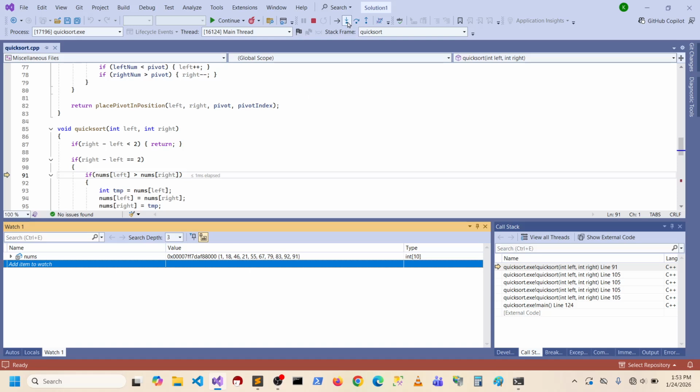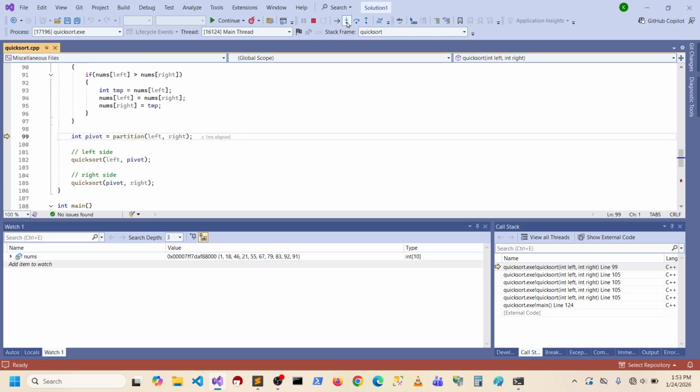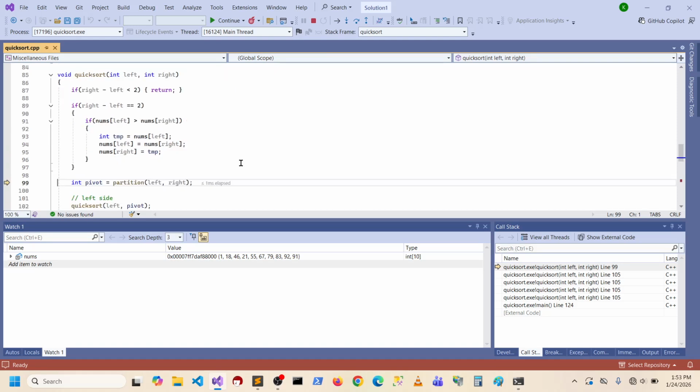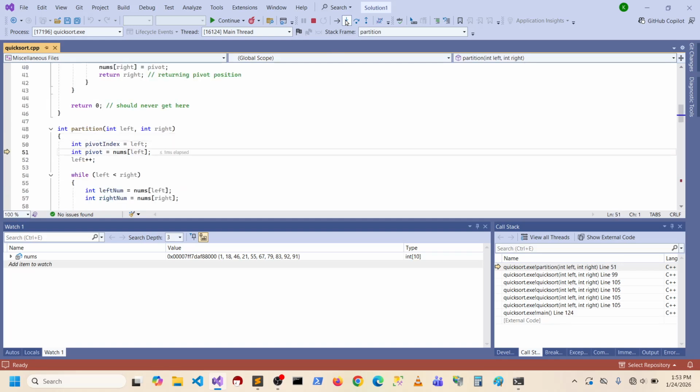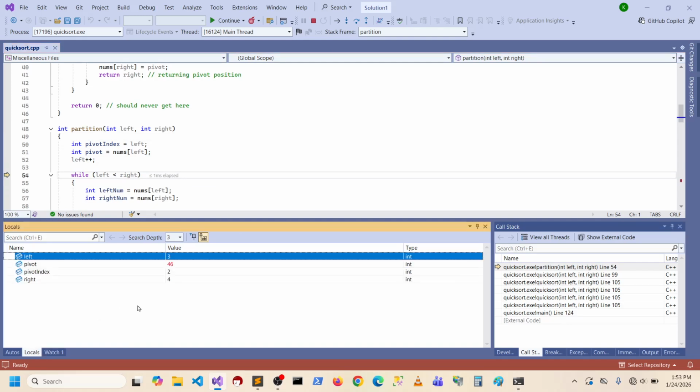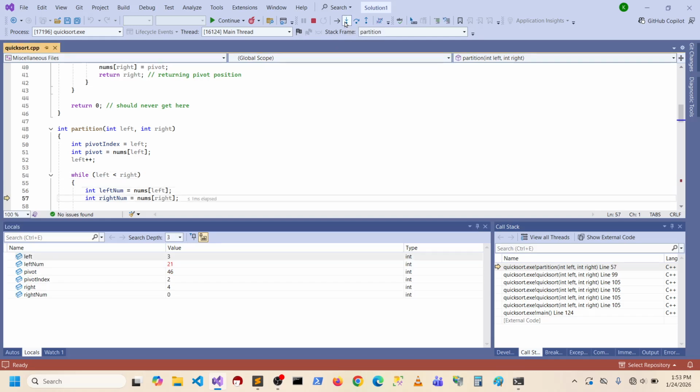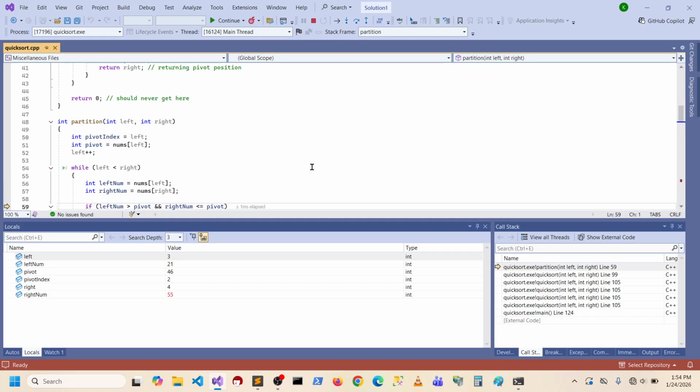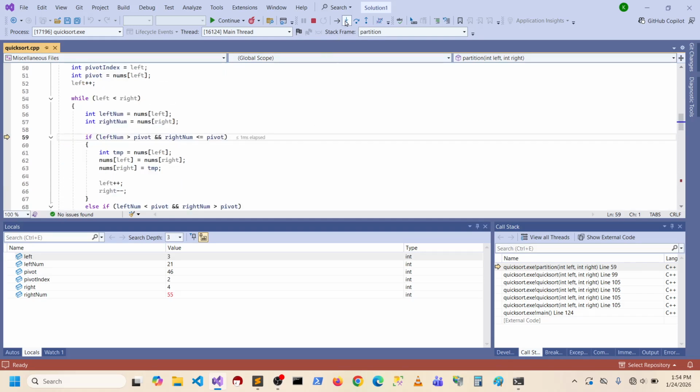Left is less than. So it's greater than, but it's not, it's less than. So pivot again with 2 and 4. Okay, neither one needs to be swapped.